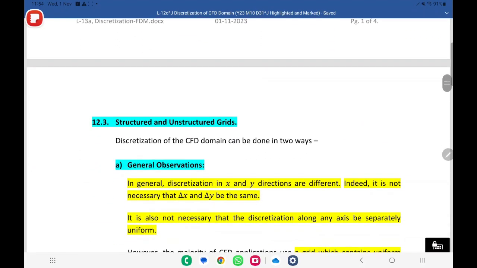Now, there are two types of grids we come across, right? One is called structured grid. The second is called unstructured grid. A grid is basically the division of a domain into smaller cells.